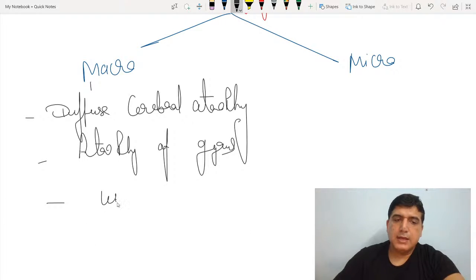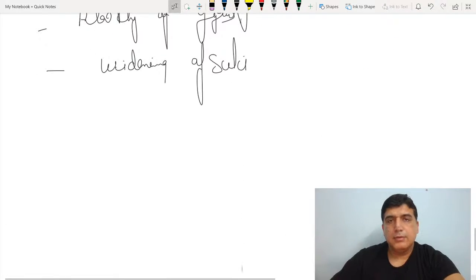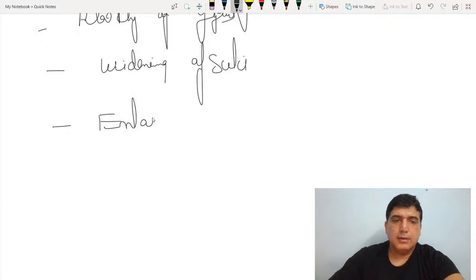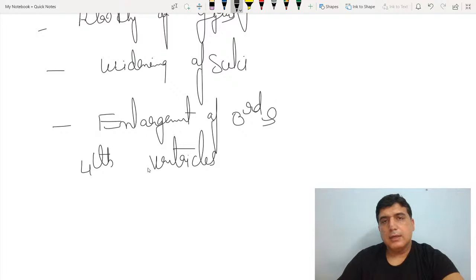Because of atrophy of gyrus, widening of sulci, and because of widening of sulci, enlargement of third and fourth ventricles. So atrophy of gyrus, widening of sulci, enlargement of third and fourth ventricle.